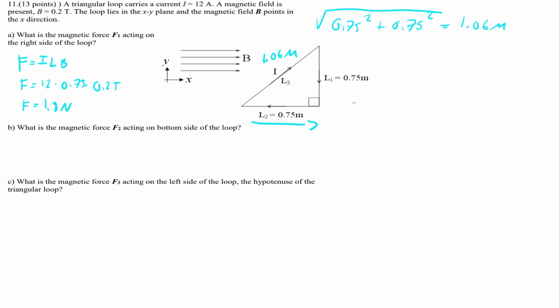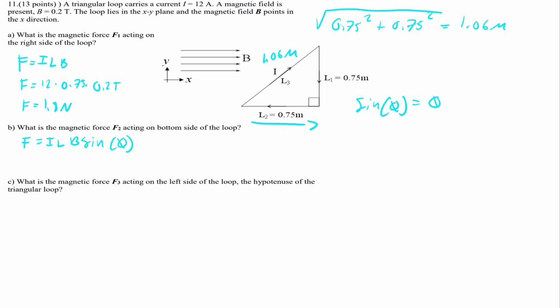Well, if you're parallel, then your sine is going to be 0. You don't have any angles. And sine of 0 is just equal to 0. So mathematically, you can say that we have a current, we have a length, we have a B field, but our angle is 0 degrees.